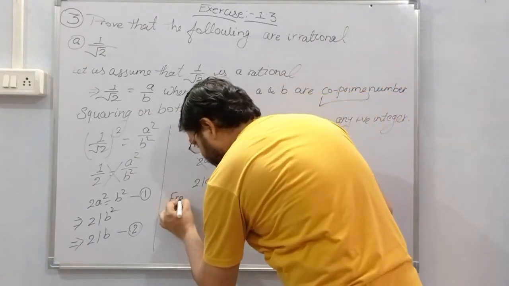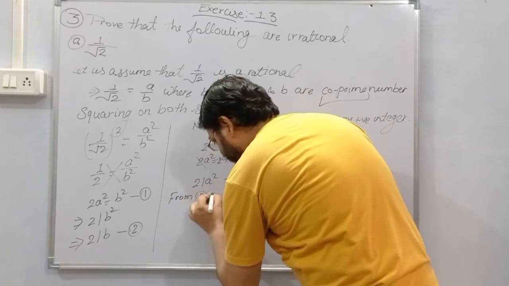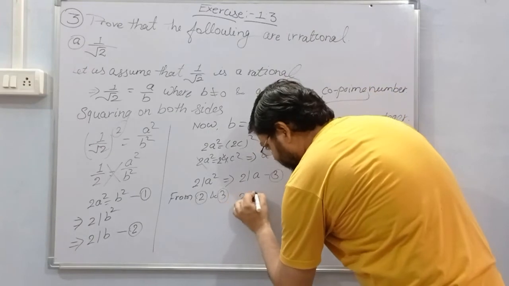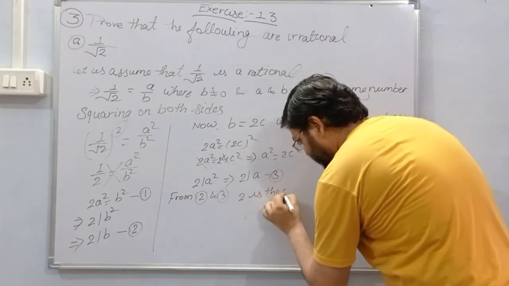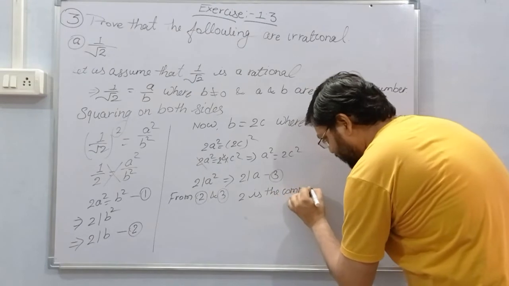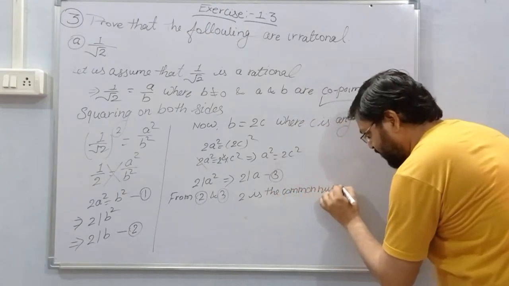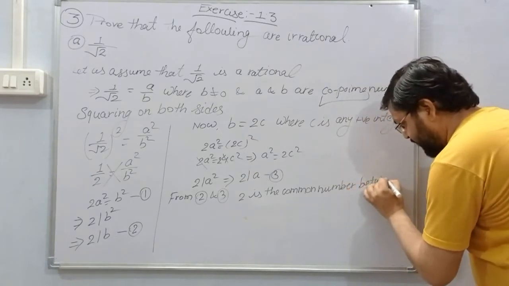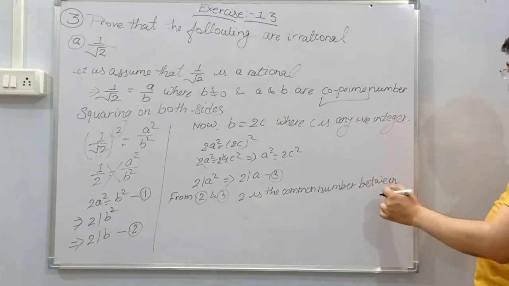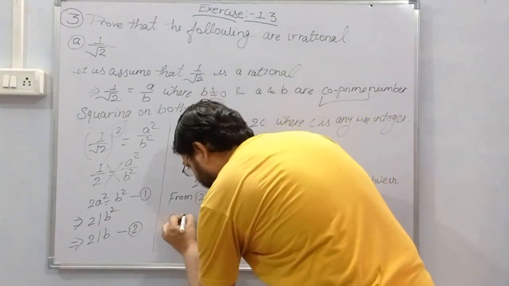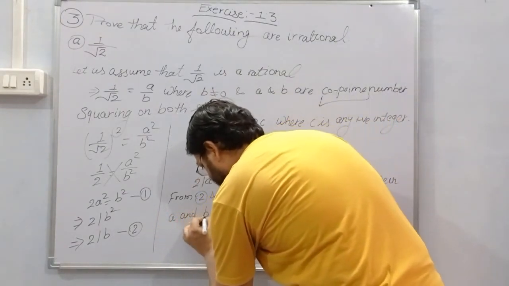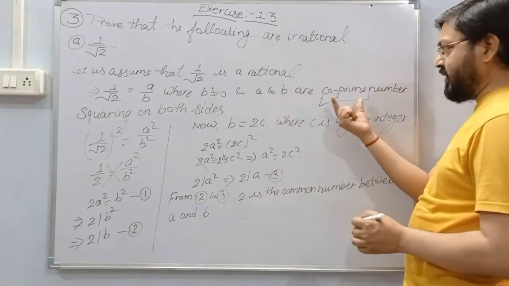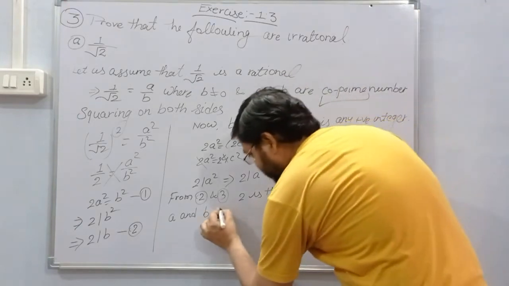From 2 and 3, 2 is the common number between a and b, but this contradicts our assumption.